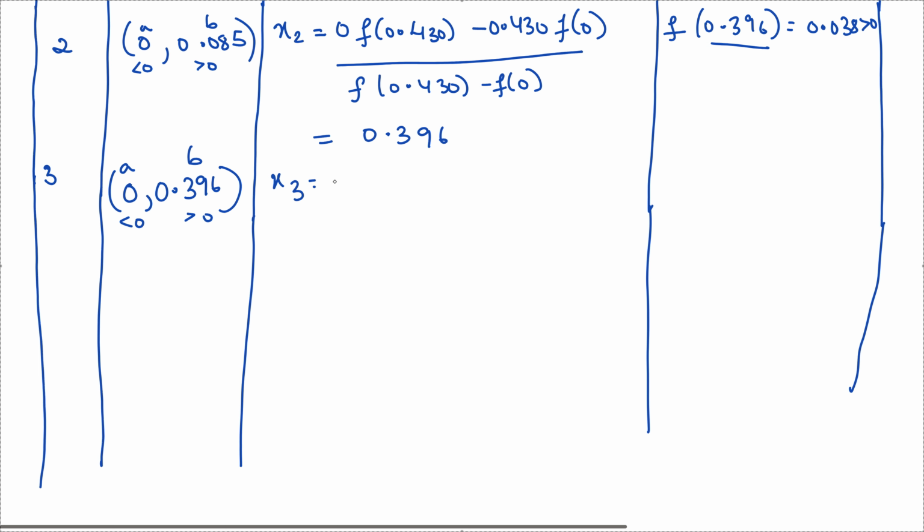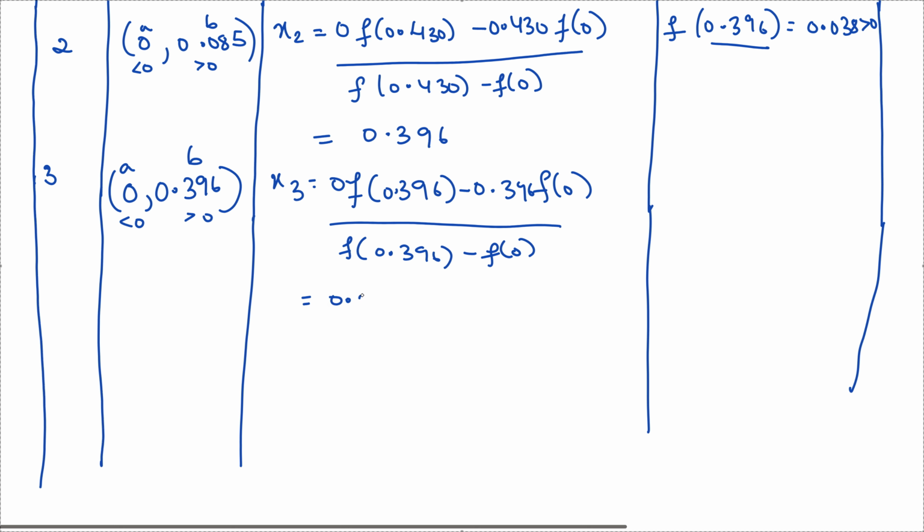Now x3 is equal to 0 into f of 0.396 minus 0.396 into f of 0 divided by f of 0.396 minus f of 0, which is equal to 0.382.